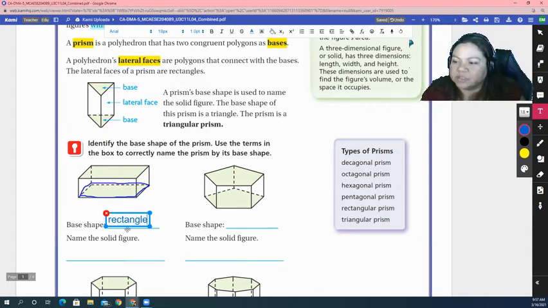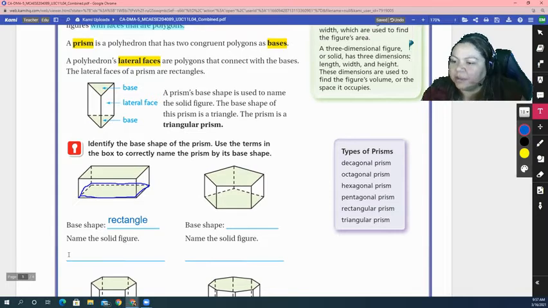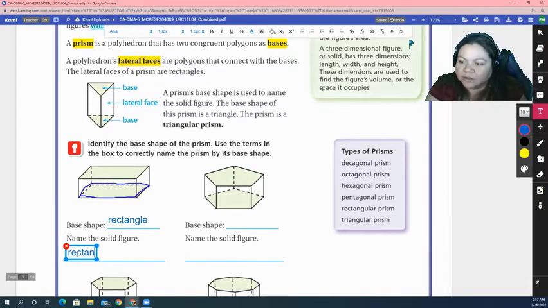So we're going to use that to name this three-dimensional figure. The name of this figure is a rectangular prism. Why is it a rectangular prism? Because the base is congruent. You have that same shape on both sides, and it's connected by the lateral faces, which are rectangles.